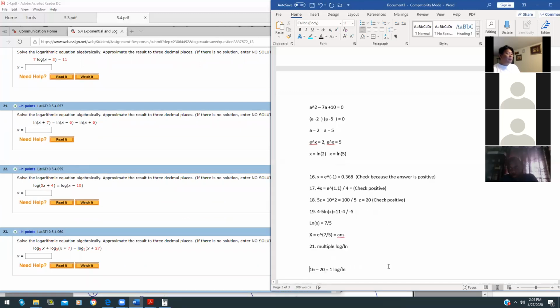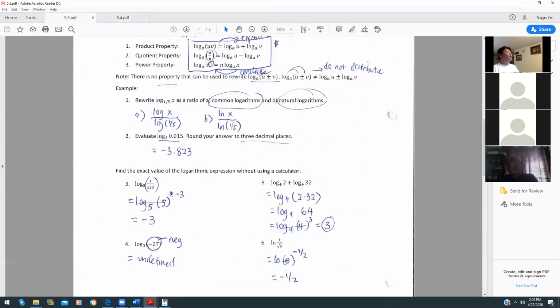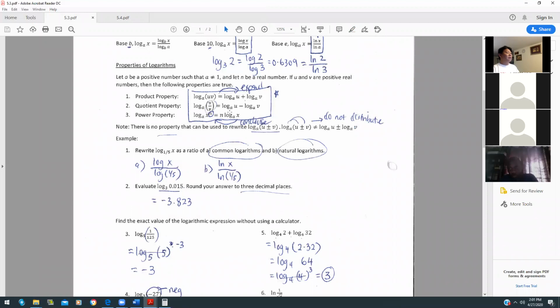So what happens when you have multiple ln's? You have to condense it. What's the meaning of condense? It means you make it as 1 log. So that means you have to move the right side to the left side. This is called condense into 1 log. Okay. So that's why, Chandra, when you ask me when do you use, it depends on the question.